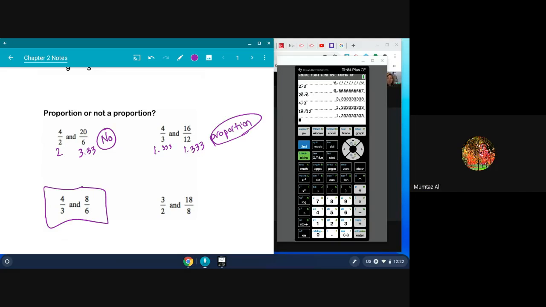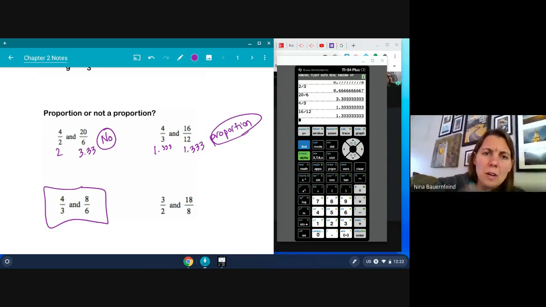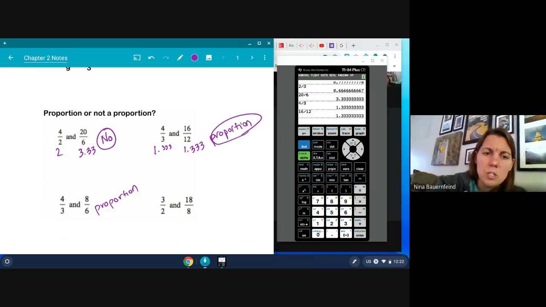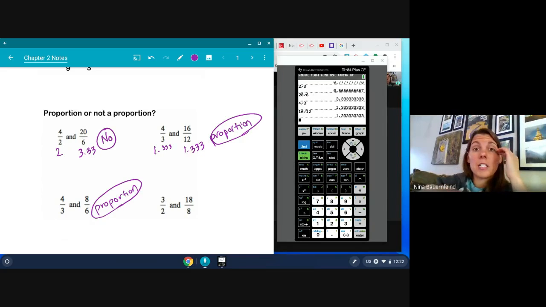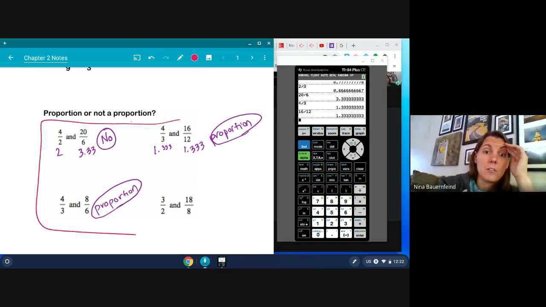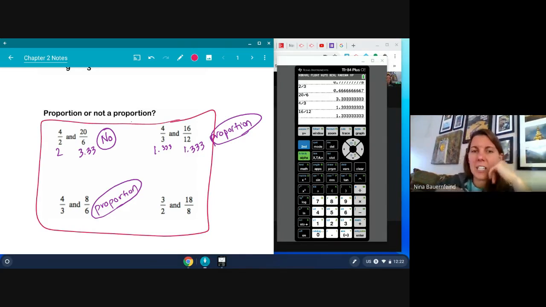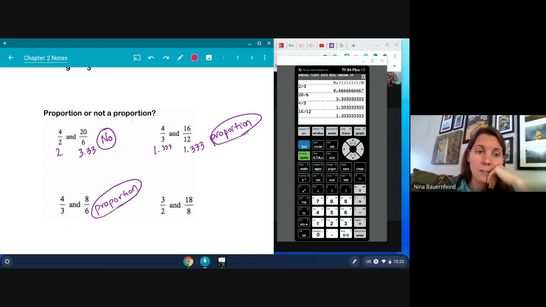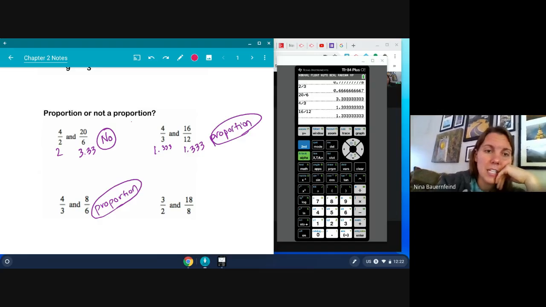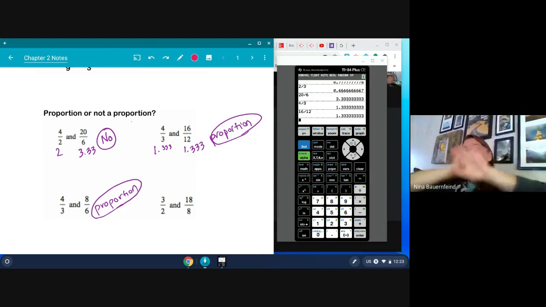Proportion. It is. I accidentally told you guys I would give you time to write this down, and I forgot to do that. So I'm just going to stop for a minute. If you wouldn't mind, could you just take the next 30 seconds to a minute to write down these 4 examples, and then also write down these things that we've written. So I'll stop talking for like a minute, okay?